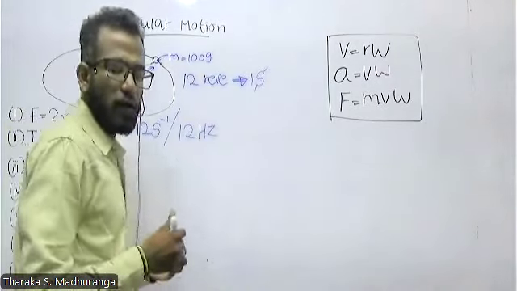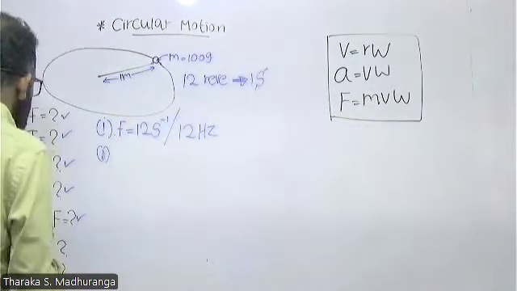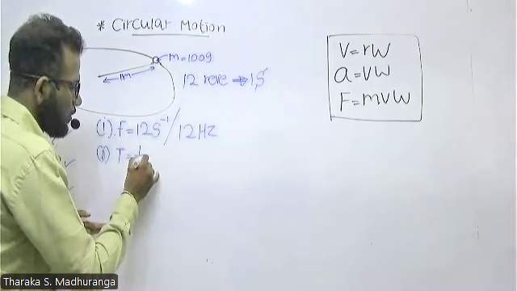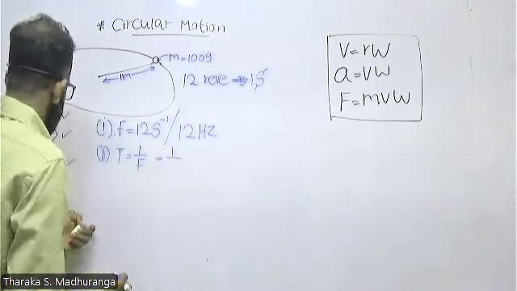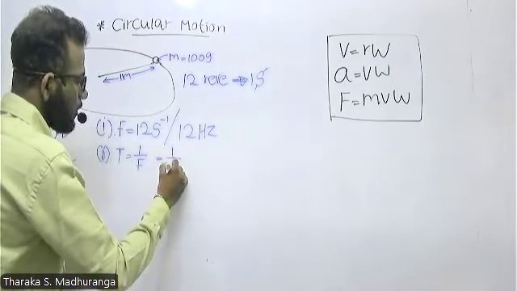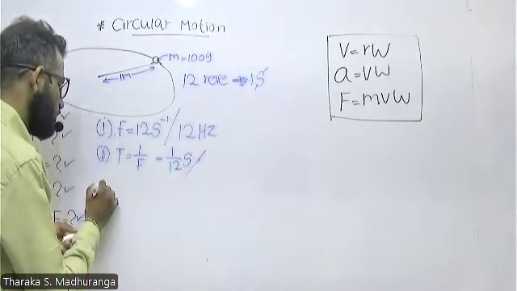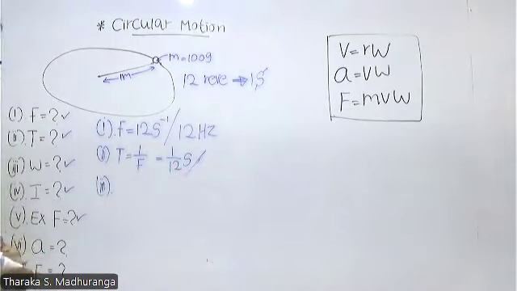Then the second part, the periodic time. The periodic time equals 1 over f, so 1 over 12 seconds. The third part, omega.